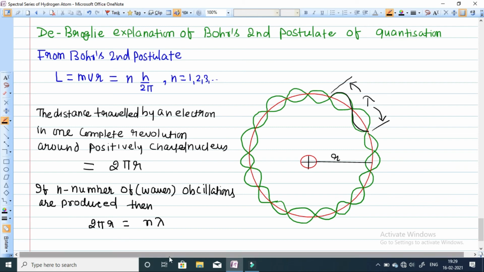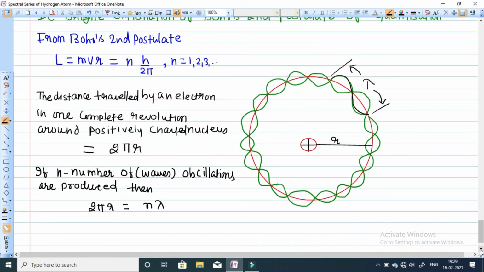Now according to de Broglie, we know a moving particle, because the electron is a particle, is associated with a wave whose wavelength is given by lambda is equal to h by p. So we can write 2 pi r is equal to n, and lambda we replace with h by p.